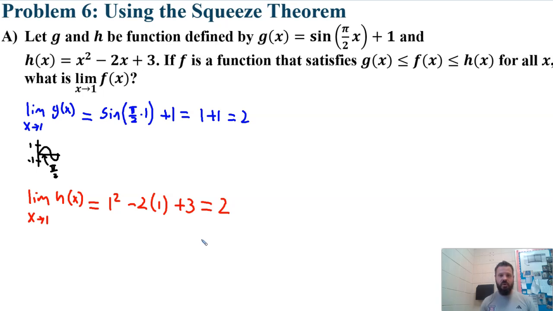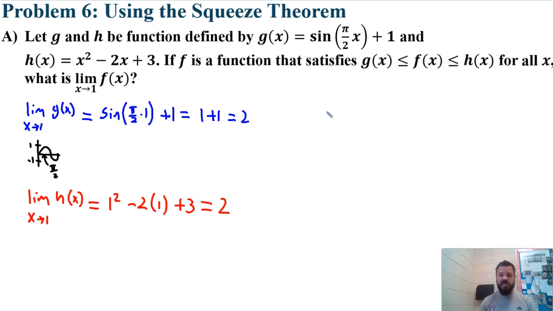So we know that f of x is always greater than or equal to g of x and less than or equal to h of x. And the limit of both g and h as they go towards 1 is 2. It's the same thing. That means that f of x has to have the same limit.